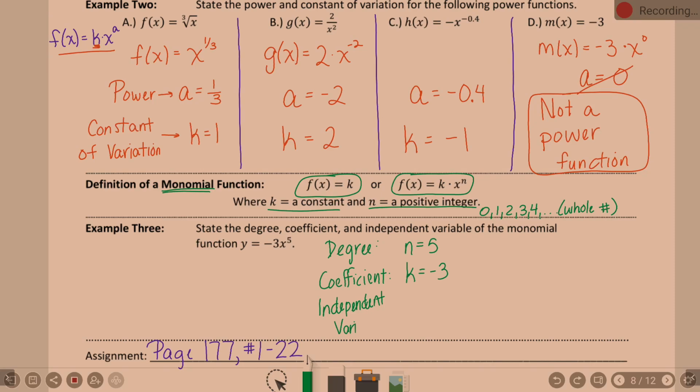Just x. Yep. Independent variable is just what the equation is based on. So this would be like an f of x equation. x is your input. That is your independent variable. If this was f of c, where c is your input, then c becomes your independent variable. Okay?